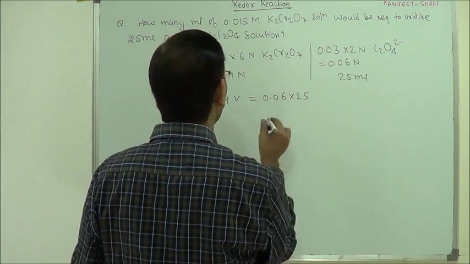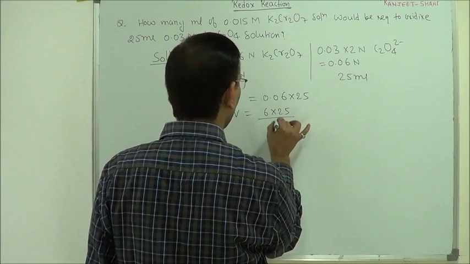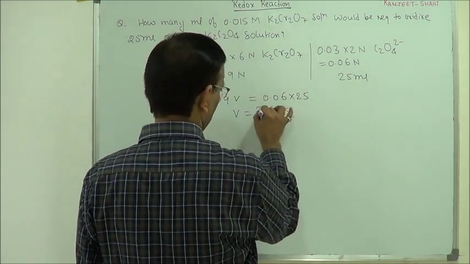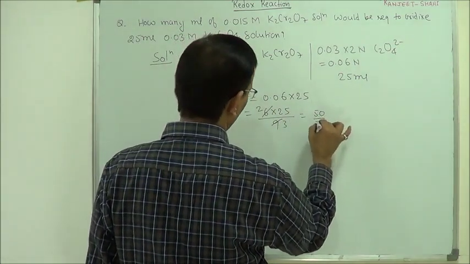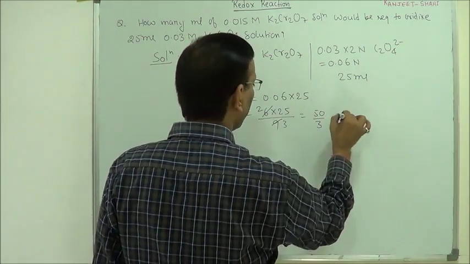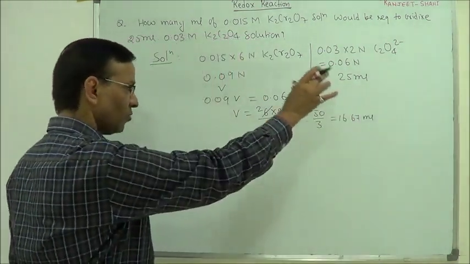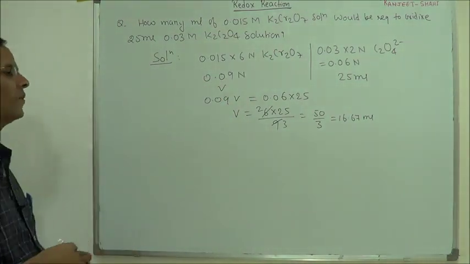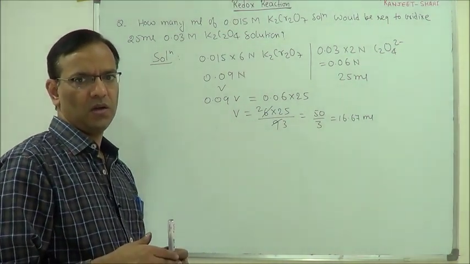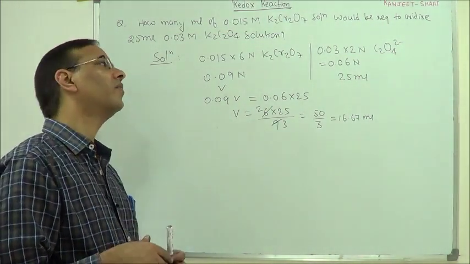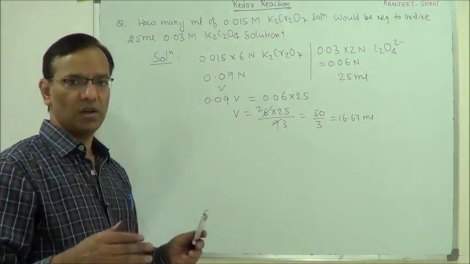If we solve for V, V will be equal to 6 into 25 divided by 9, so 250 upon 15, which is somewhere around 16.67 milliliters. So this much volume of potassium dichromate would be required for oxidation of 25 ml of 0.03 molar potassium oxalate solution.